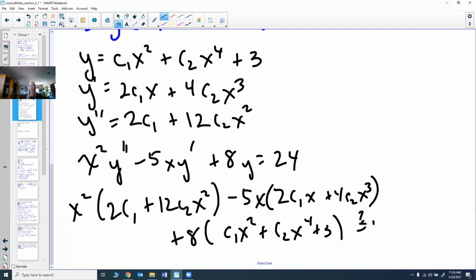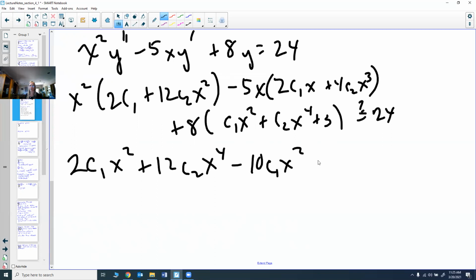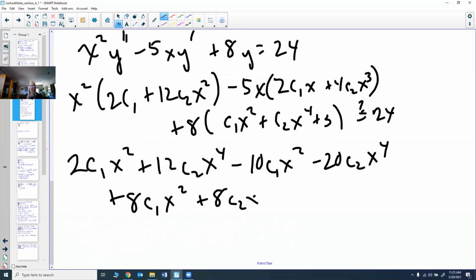And we want to know if that equals 24. So multiply everything out, you get 2c1x squared plus 12c2x to the fourth minus 10c1x squared minus 20c2x to the fourth plus 8c1x squared plus 8c2x to the fourth plus 24, and we want to know if that equals 24.